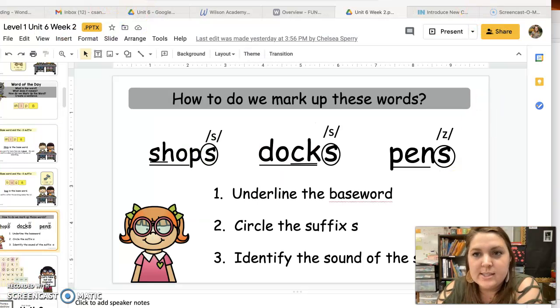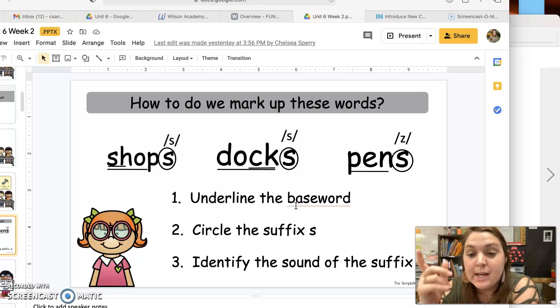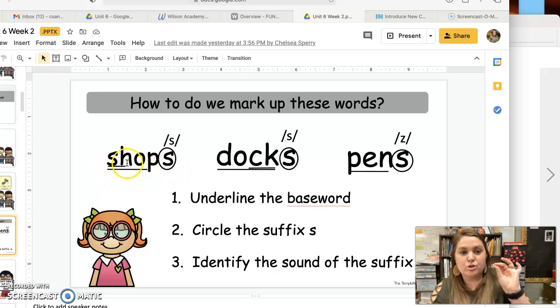All right. On today's lesson, we didn't worry about some of those other sounds like our digraphs and marking them up. But I want to show you how to mark up a digraph if you still would like to, or if your teacher asks you. So if we look at this word, let's tap it out. Shop, shop, shops.